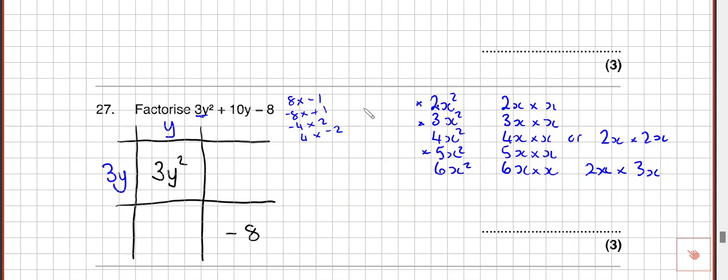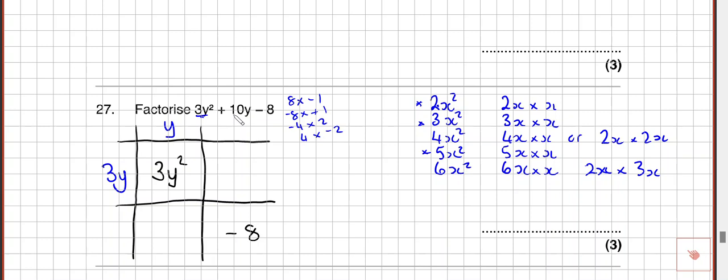As Sienna said, none of those add to make 10, but that's because we've got 3 y's instead of 1. That changes that bit. What we've got to do is think, which combination with 1s and 3s is going to make +10? What do you think? What should we go with? We might have to try a few options.